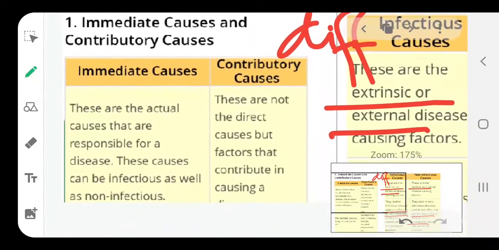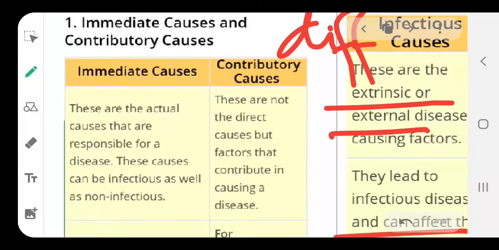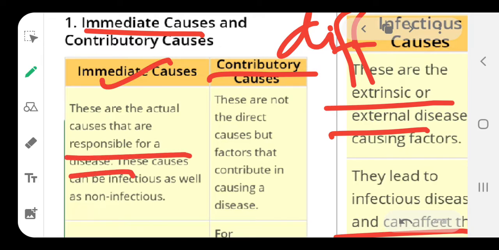Then we have causes that act as immediate causes and contributory causes. Under immediate cause, these are the actual causes that are responsible for disease, and these causes can be infectious as well as non-infectious. That means the immediate cause is the actual cause, while contributory causes are not the direct cause that gives you sickness.